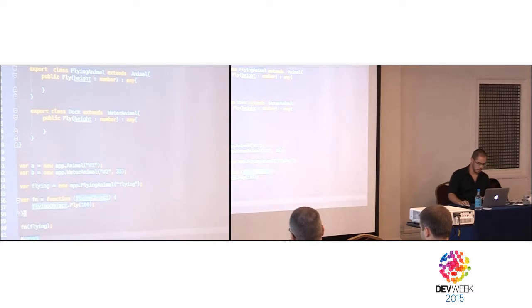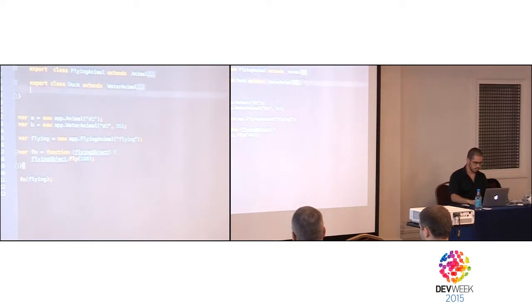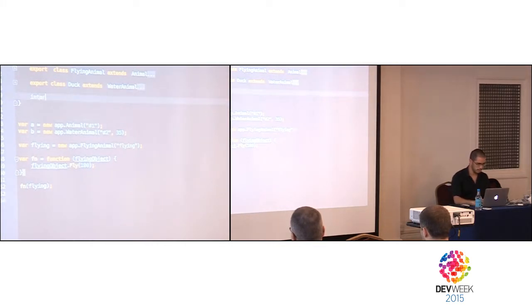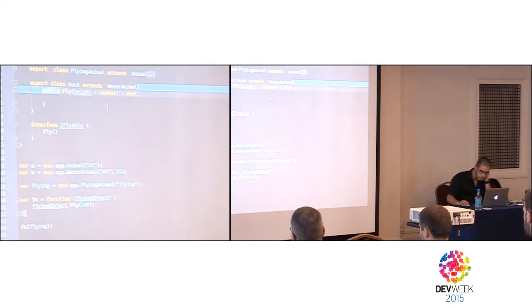So I'm going to create an interface, and this is going to be flyable. And we are going to have here fly, and we said that we want to have the height.